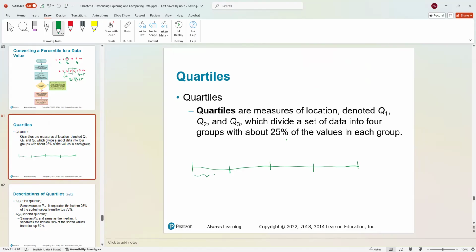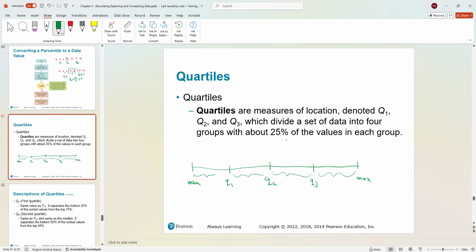We have Q1, Q2, Q3, and this is the minimum data in the data set, and this is the maximum, right? So quartiles are measures of location or position. We denote them Q1, Q2, and Q3, which divide a set of data into 4 groups, with about 25% of the values in each.